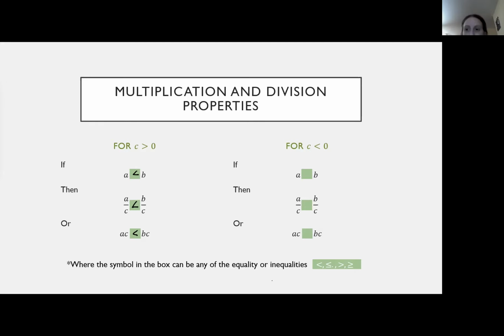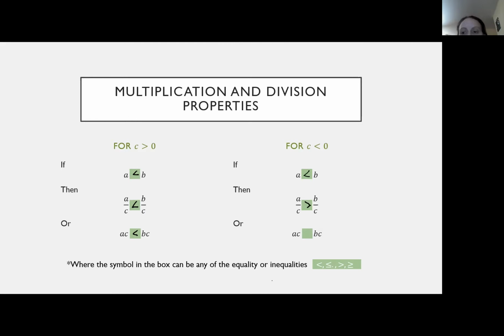For the other case, if you're multiplying or dividing by a negative, so C is less than 0, let's start with the same inequality, A less than B. It's a really terrible inequality symbol. What happens is when you're dividing by a negative, it reverses, it changes direction. So now it becomes a greater than.